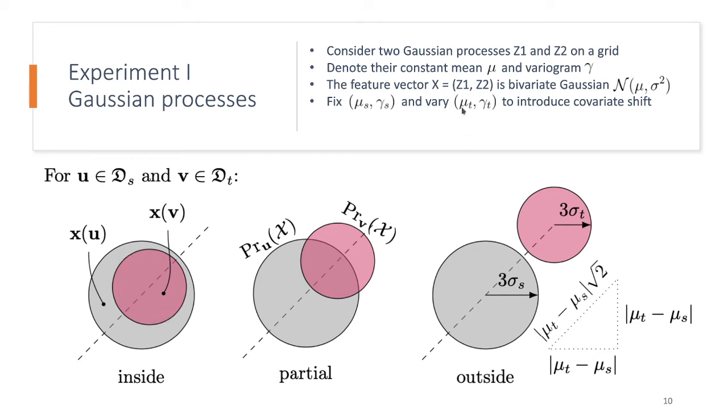By varying these parameters, we can find ourselves in three different configurations. When the target domain is fully inside the source domain, we have the configuration called inside. When there is partial overlap, we have the partial configuration. And when we are completely outside the source domain where the model was trained, we are in the outside configuration.